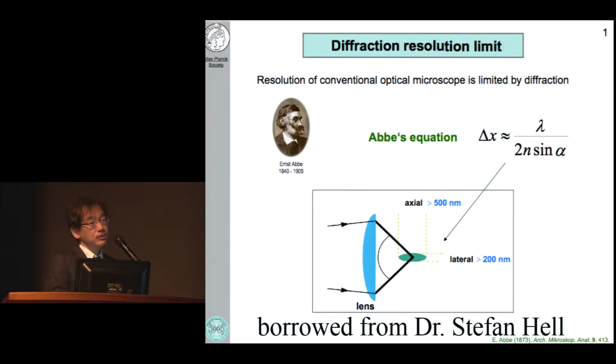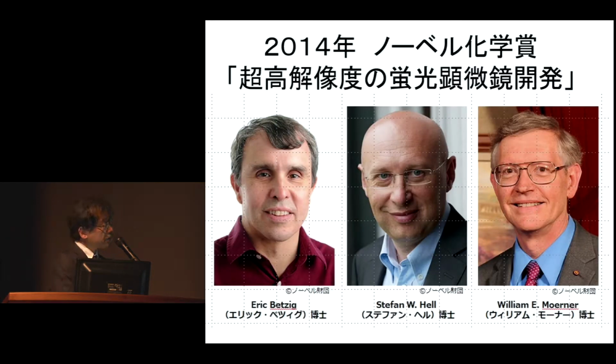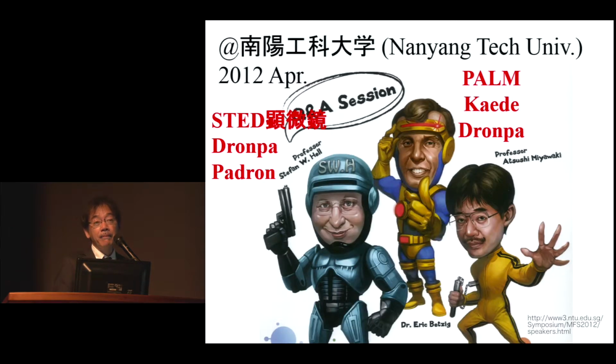But in order to break the diffraction limit, recently some new advanced microscopy systems have been developed. Stefan Hell and Eric Betzig invented STED microscopy and PALM respectively, and in their proof of concept experiments, they used Kaede and Dronpa.